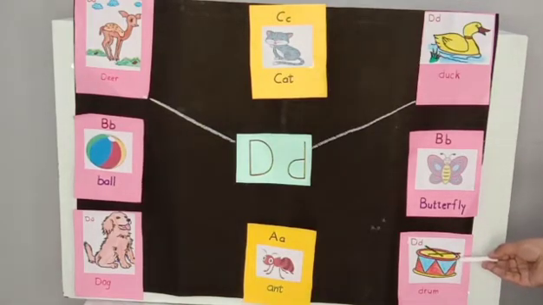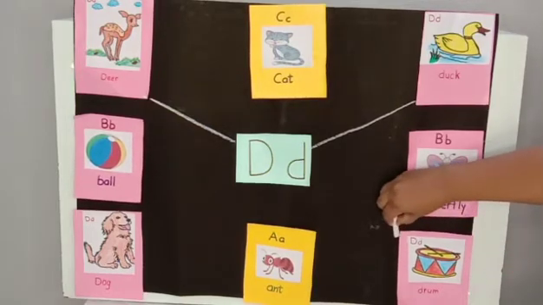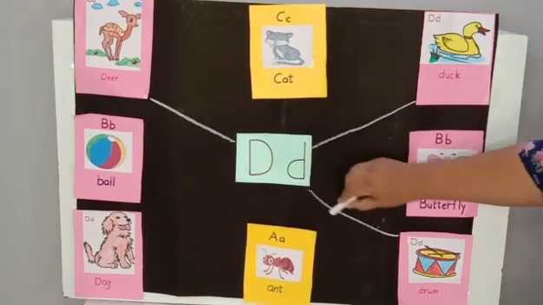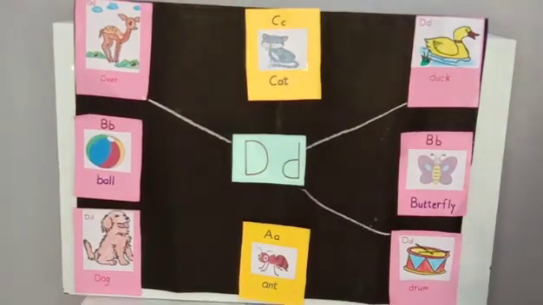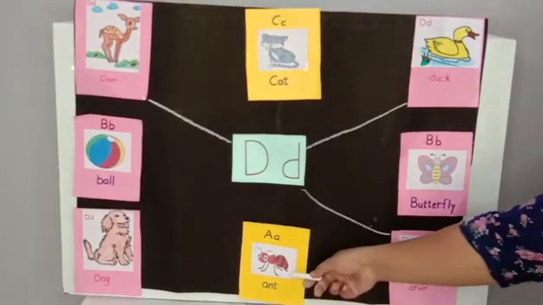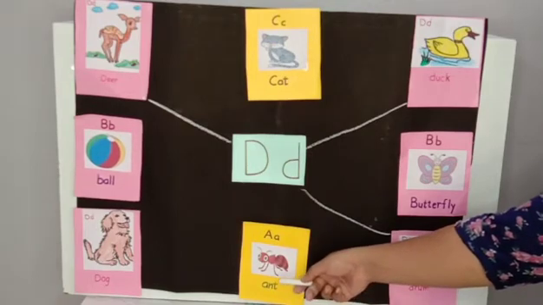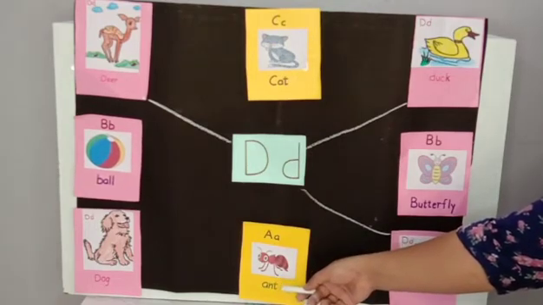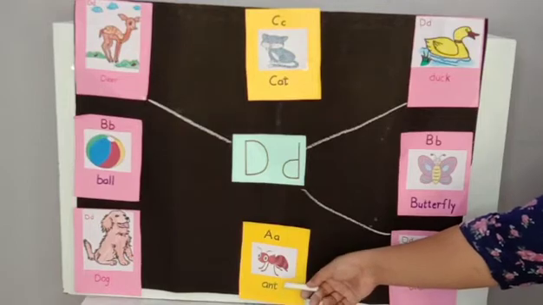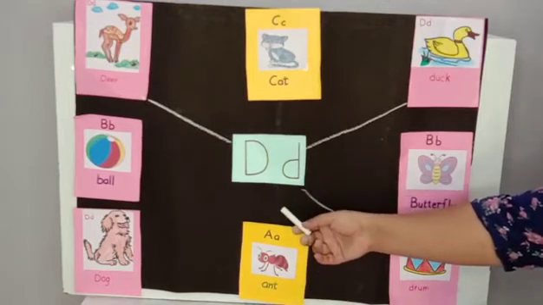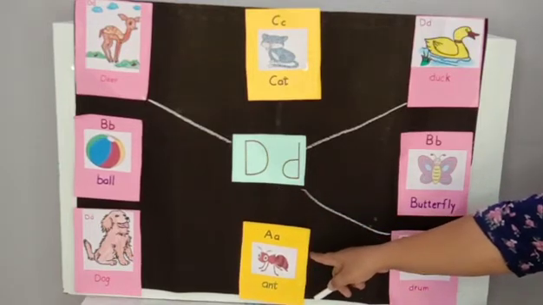Next picture is of a drum. Does drum start with alphabet D? Yes. So we will match this picture with alphabet D. Let's see the next picture. The next picture is of an ant. Does ant start with alphabet D? No. So we will not match it.